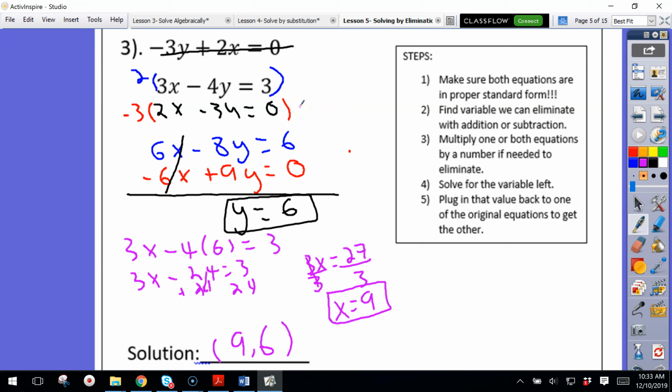And if the same exact line cancels each other out, then it would have infinitely many solutions. Now, if you cancel out and you get a statement like 5 equals 0 or 5 equals 10, well, that's never true. And then we would have no solution. It'd basically be parallel lines that have the same slope but different y-intercepts.